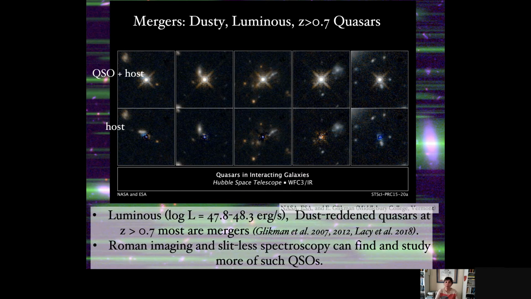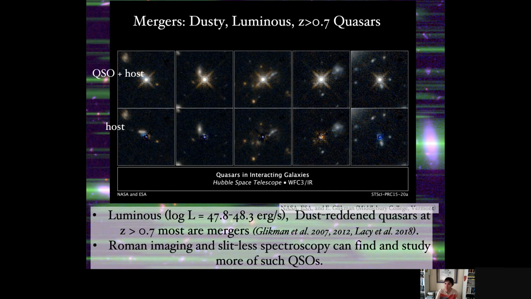What they were able to find is that the most luminous dust-reddened quasars were mostly mergers. Now with Roman, we will find and study more of such objects and be able to increase our understanding of this process at high redshift.